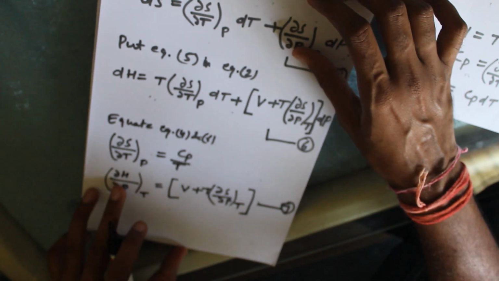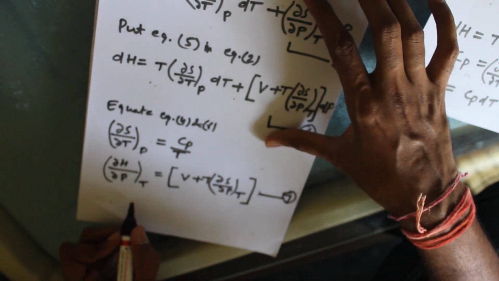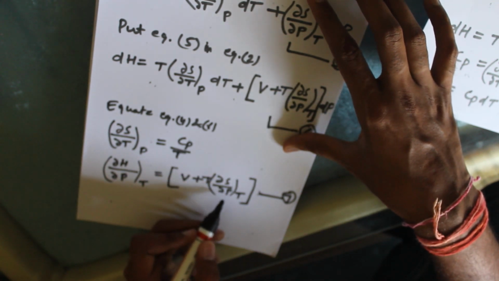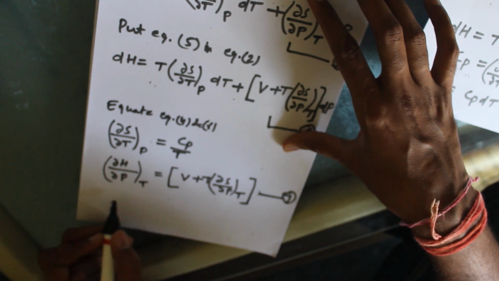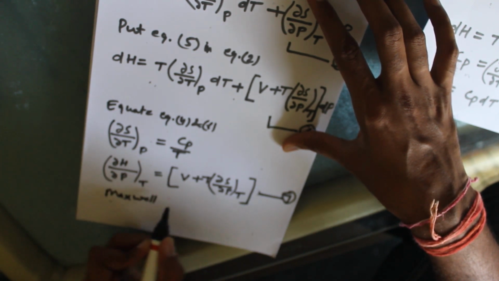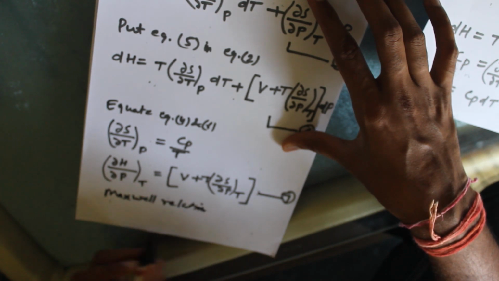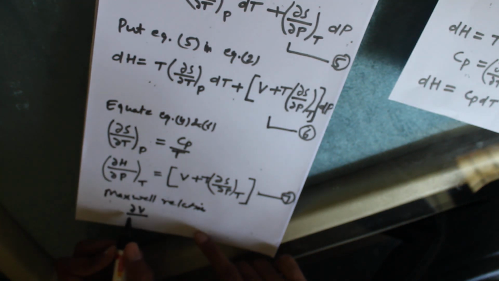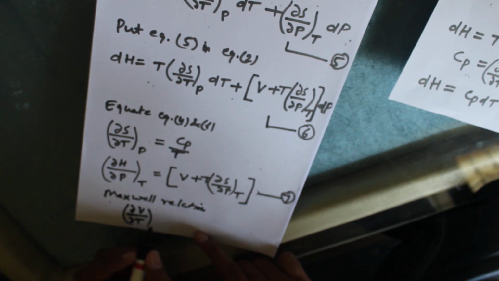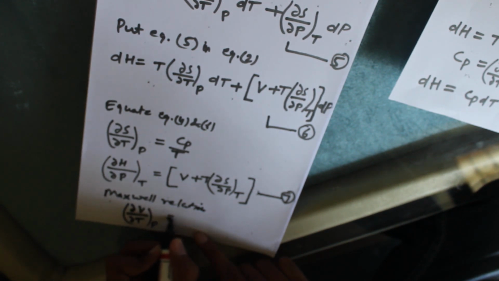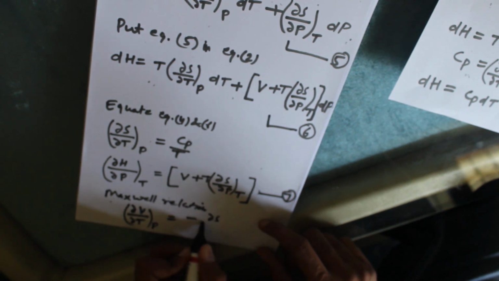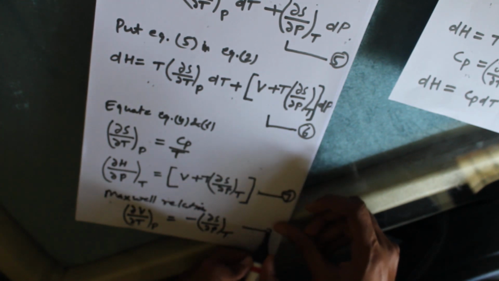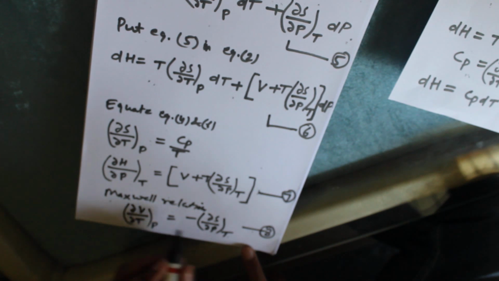Let's say this is equation 7. Now again use Maxwell equation. The Maxwell relation was, use Maxwell relation to replace this entropy term. The Maxwell relation was del V by del T at constant pressure is equal to minus del S by del P at constant temperature. Now use this Maxwell equation to replace this entropy term.